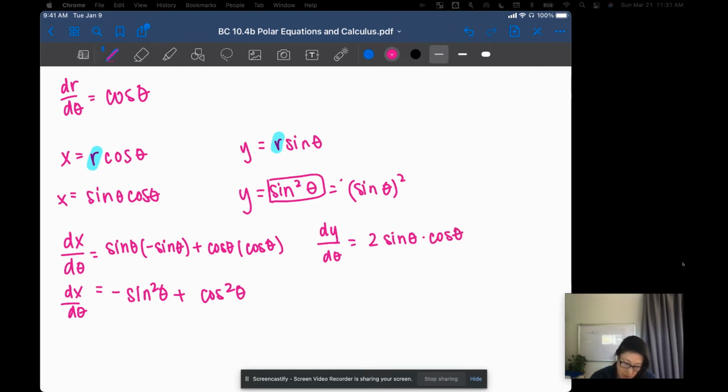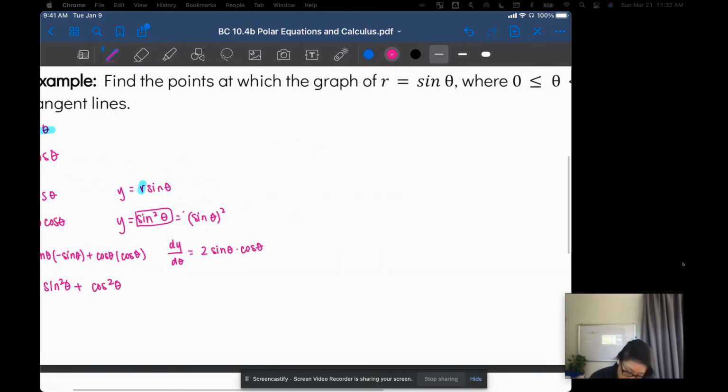So 2 sine theta cosine theta. So I was able to get dy/d theta by writing my equation parametrically and then taking the derivative. I'm going to show you now using the rule. Okay, so let's say you have this rule memorized, dy/d theta over dx/d theta.